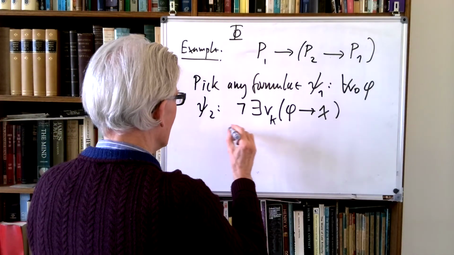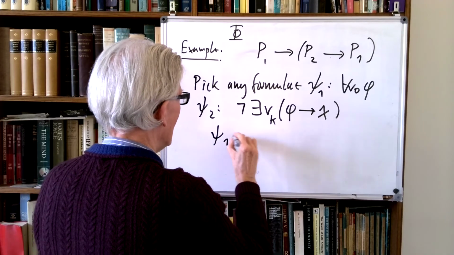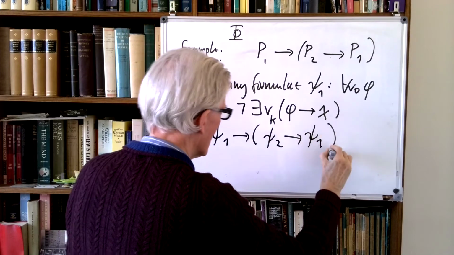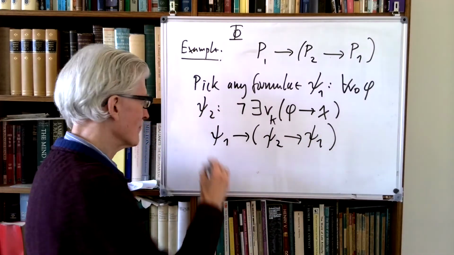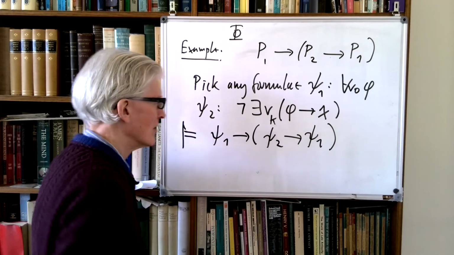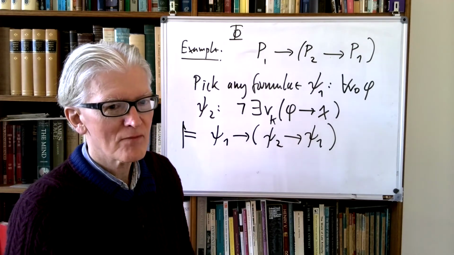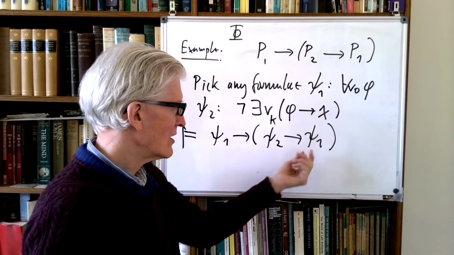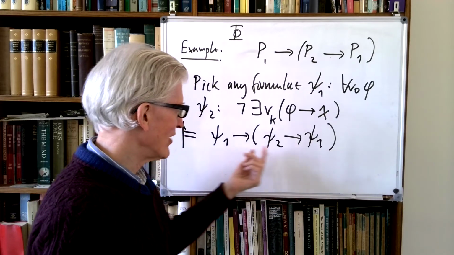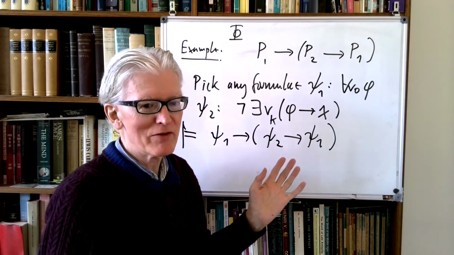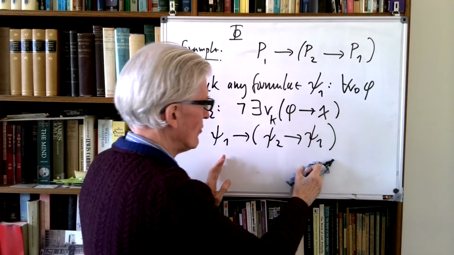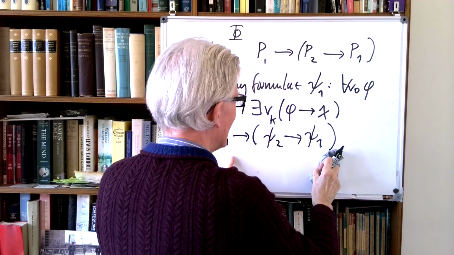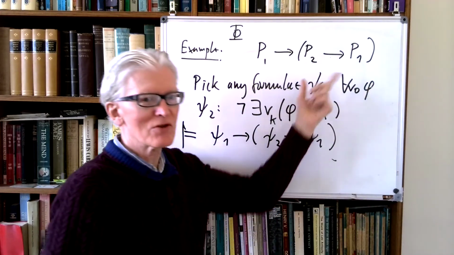But I'll know that psi 1 arrows psi 2 arrows psi 1 will be universally valid here. The structure is irrelevant. What assignments we make to the free variables in here, completely irrelevant. This will be true because this underlying template, of which this is an instance, is a tautology.